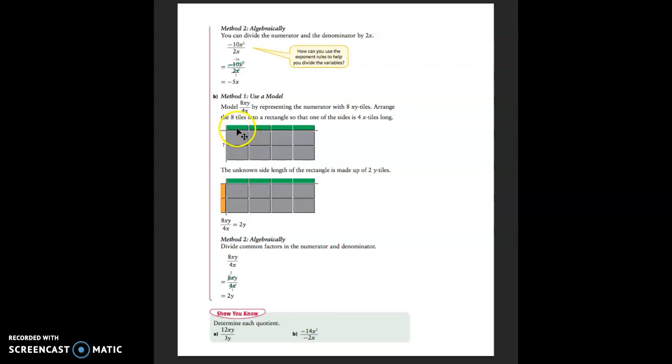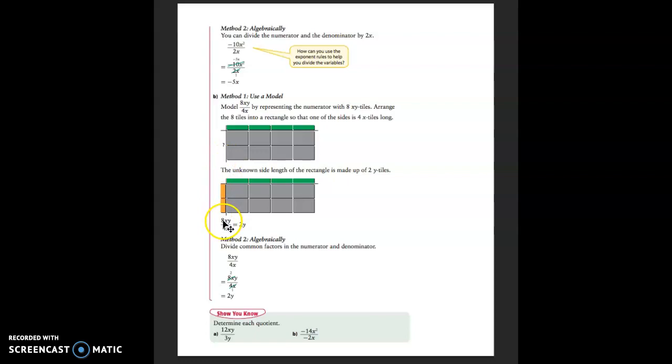So you have x right here. To get xy, you must multiply y, which is the orange tile. So now green tile times orange tile will give you a gray tile. So therefore this must be an orange tile, and this also has to be an orange tile. So I know that my answer is 2 orange tiles, which is 2 y tiles.